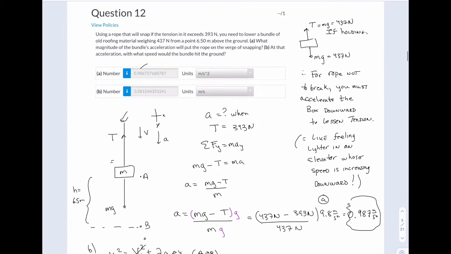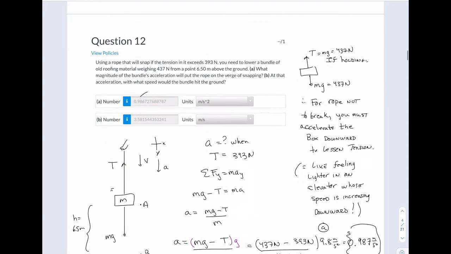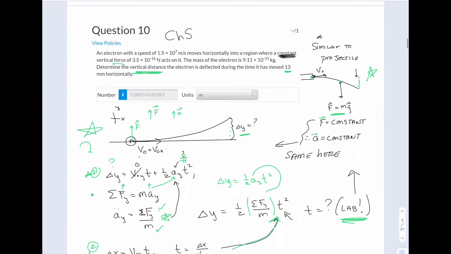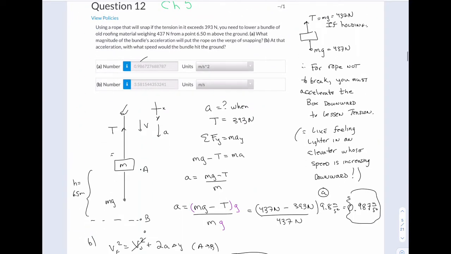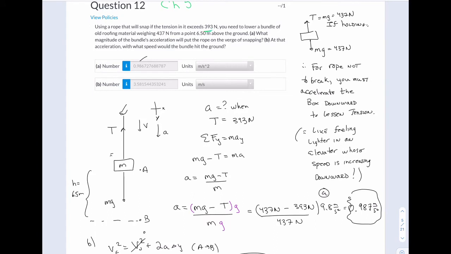Okay, so question 12. This is still chapter 5. So you're trying to lower a box. You have a rope that'll snap if the tension exceeds 393. You have a box of stuff that weighs 437.